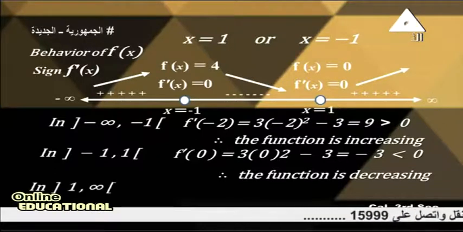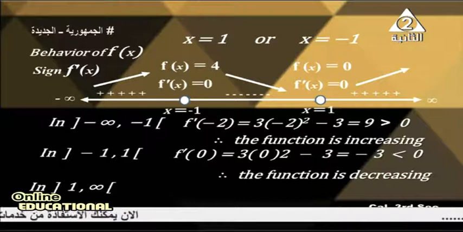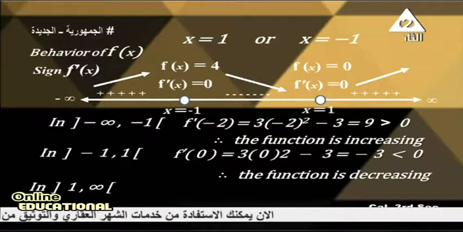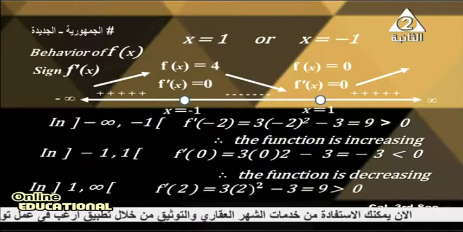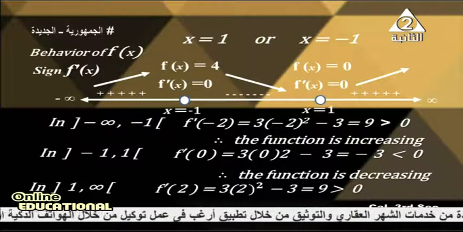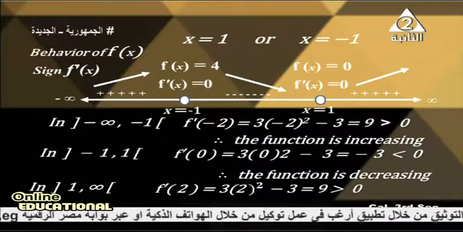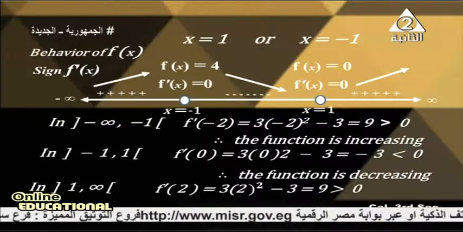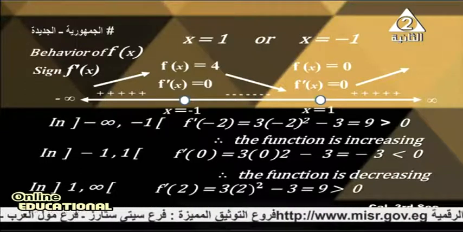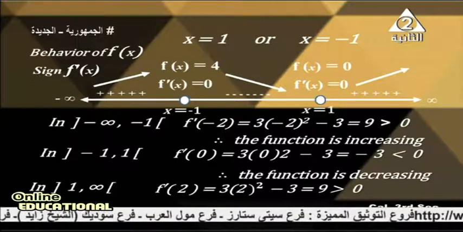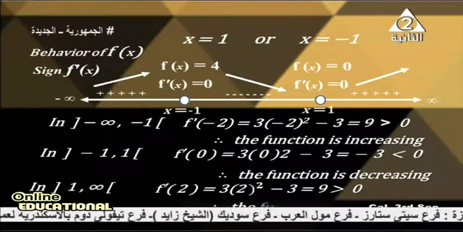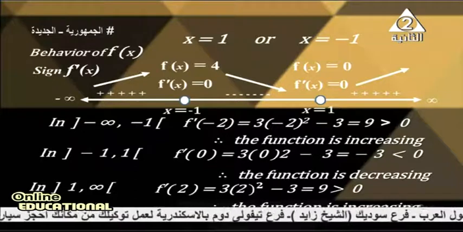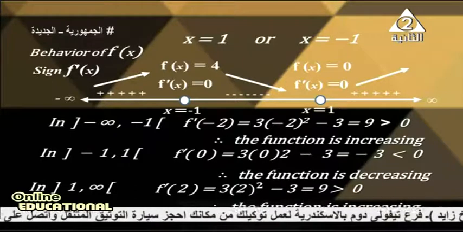The last interval, open 1 and infinity, we can choose x equals 2. The first derivative f dash at x equals 2 equals 3 multiply 2 to the power 2 minus 3, which equals 9. 9 is a positive value, then the function is increasing on the open interval 1 and infinity.